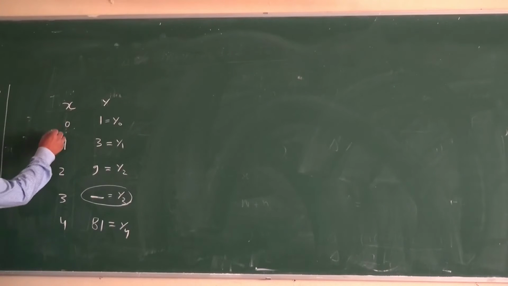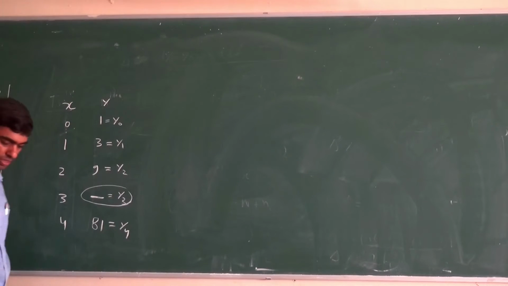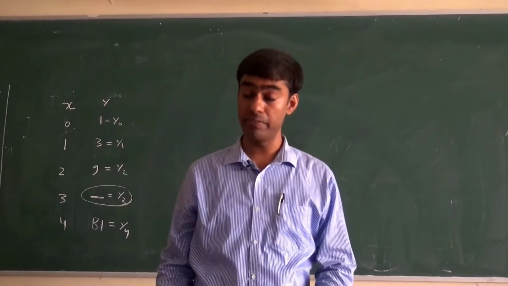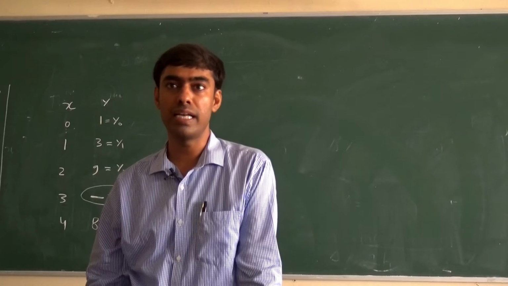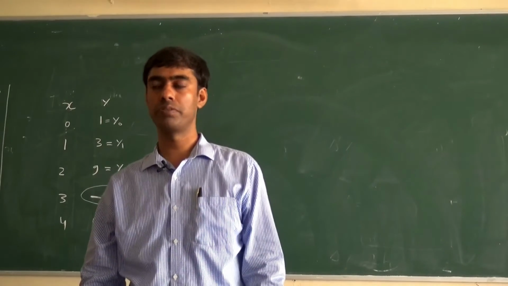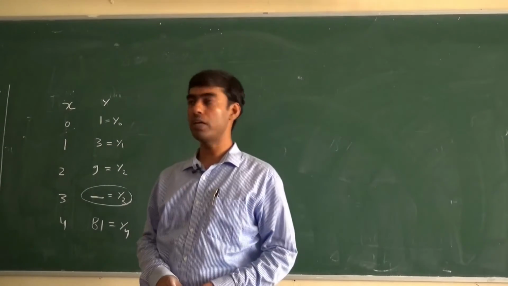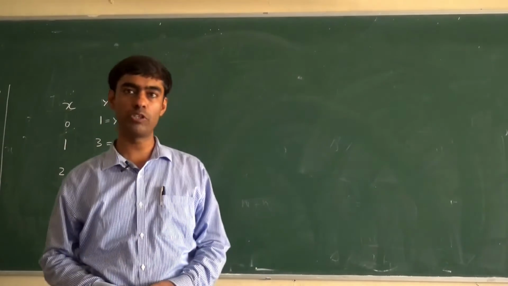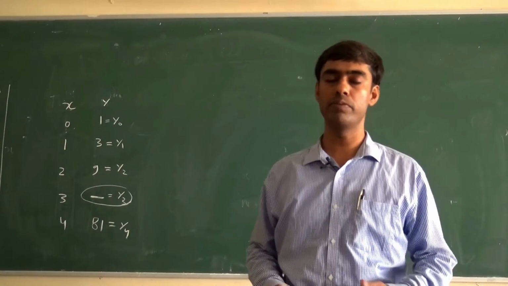How many known values do we have? 1, 2, 3, 4: four known values. And we know that if we have n plus 1 values, then the nth difference becomes constant and the n plus 1 difference becomes 0. So if we have 4 known values, then we are able to fit a polynomial of degree 3 only.